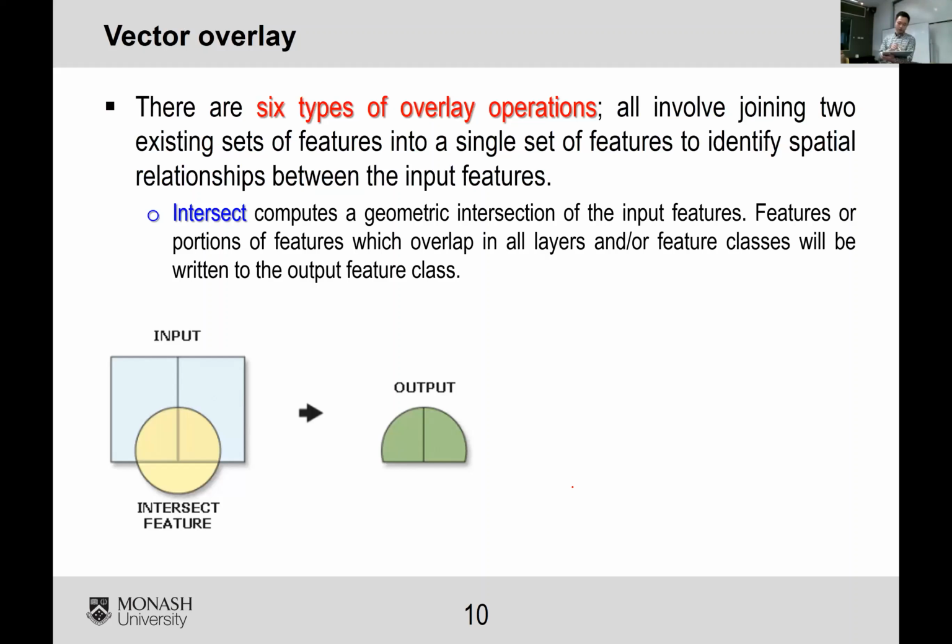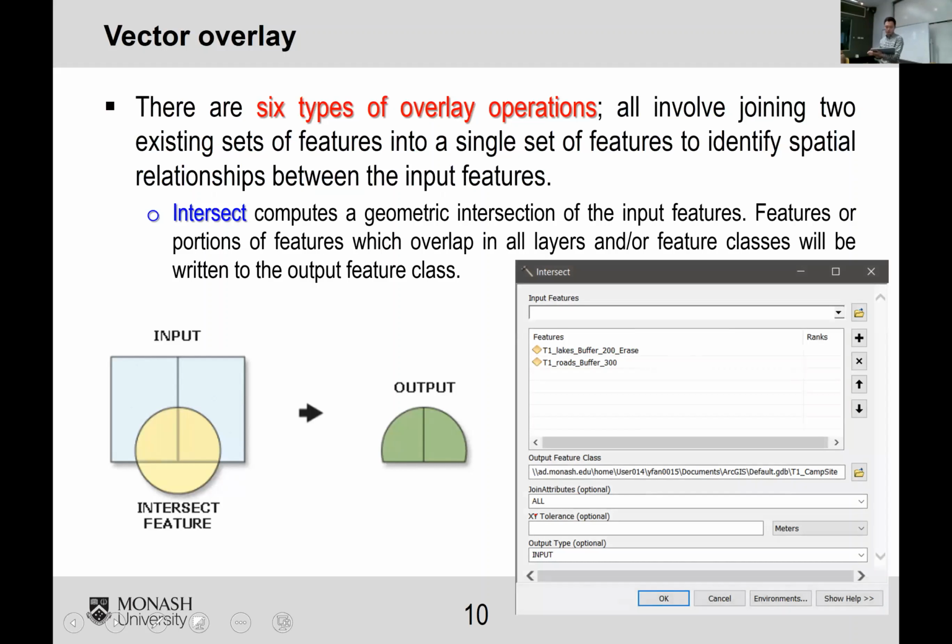Let's say we have 2 input features. Here you don't really need to specify which one is the input and which one is the intersect feature, because it will only identify the overlapping area. In this tool in ArcGIS, you can include more than 2 input features from the drop-down menu, as long as they're in your project folder. And then again, specify the output class.